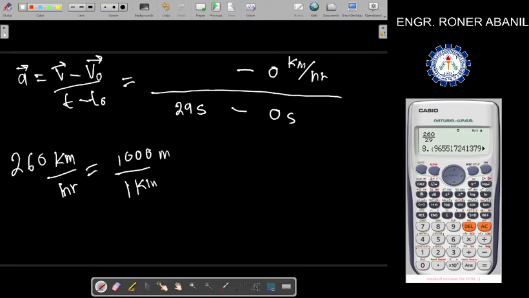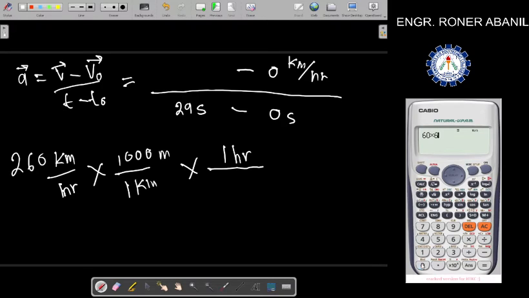meters. Hindi to equal. Multiply ito. Tapos, i-multiply din natin yung hour. So, in 1 hour, ilang seconds? Double check natin ha. In 1 minute, there's 60 seconds.